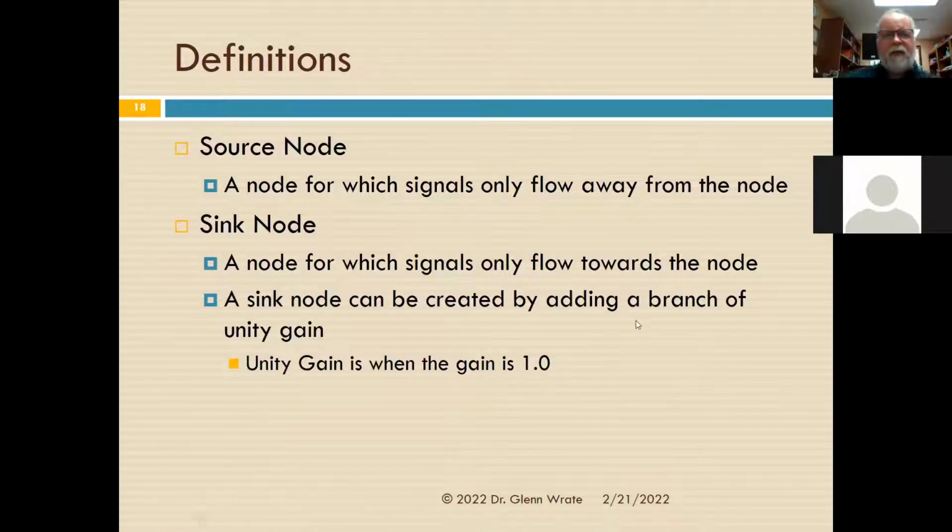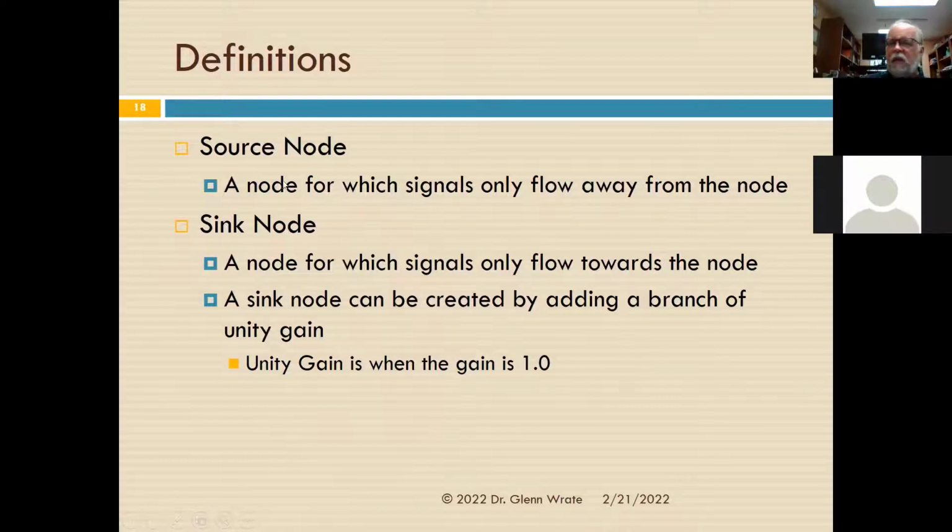We've got to define things here. A source is a node, and the signals can only flow away from that node. A sink is a node, and signals can only flow into the node. So source, only stuff away. Sink, only stuff into. We can make any node a sink node by adding a path with a gain of 1.